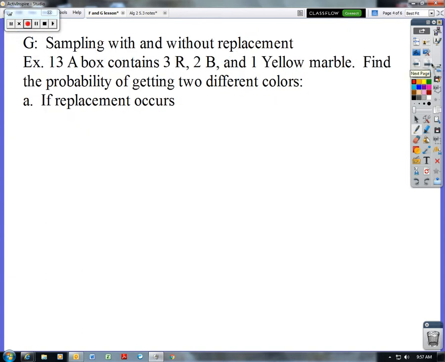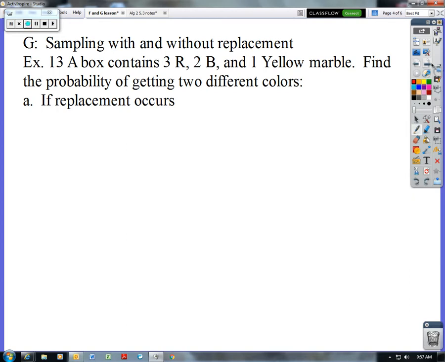Next section, G. This is going to be sampling with and without replacement. On these problems, you can use a tree diagram, or you can choose not to. Sampling with and without replacement actually is done in real life to some extent.